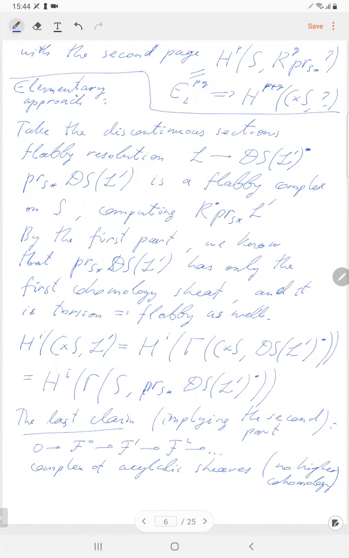Okay, and we want to compute the cohomology with coefficients in, well, say H^i is the ith sheaf cohomology of this complex.